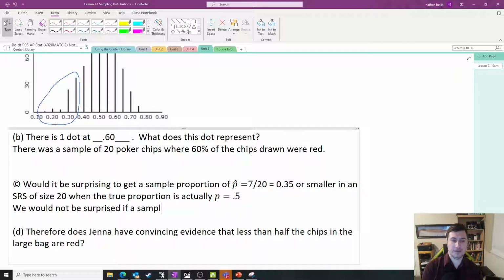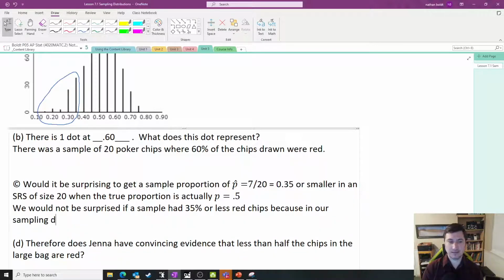If a sample had 35% or less red chips, because in our sampling distribution, this happened plenty of times, it's not weird for that to happen based off of simple sample variability.